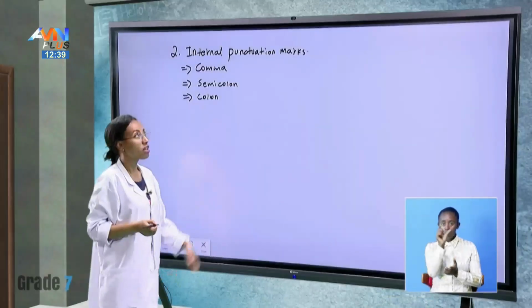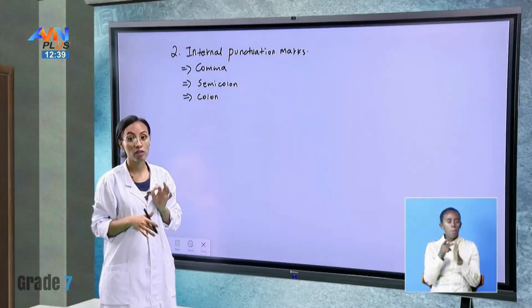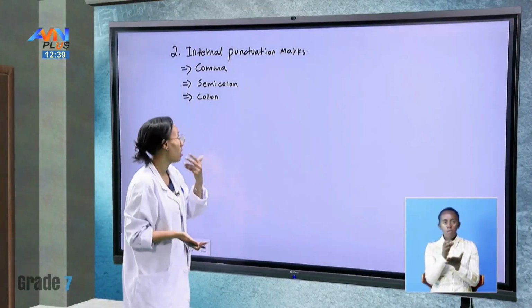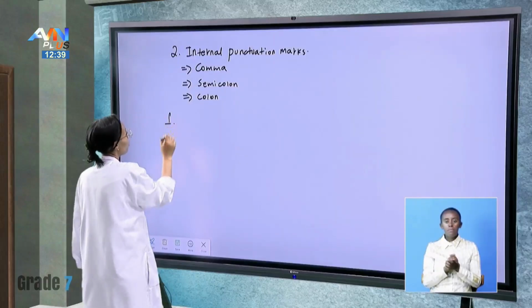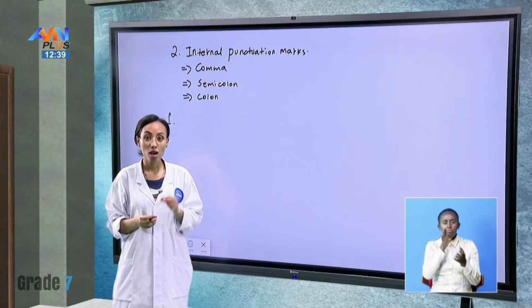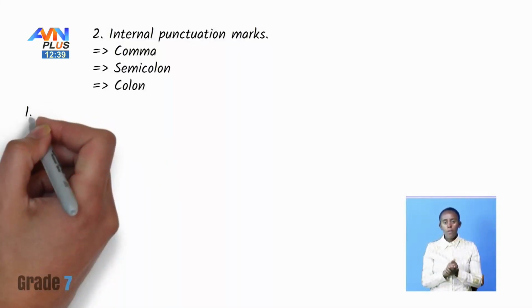These are what? These are very common punctuation marks that we use in the middle of a sentence. For example, don't forget, we have lots and lots of punctuation marks. I'm showing you a few of them. Okay, the first one, comma, for example.